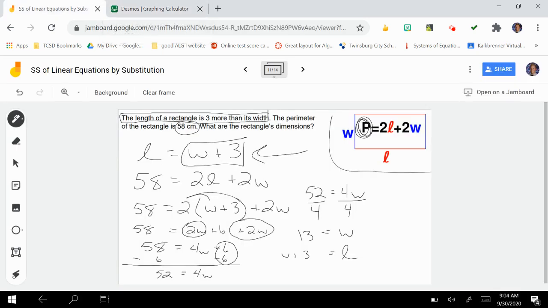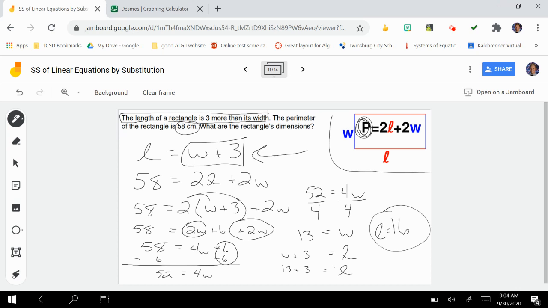So that gets you my 13. Our length is going to be 13 plus 3, giving me my L. L equals 16.